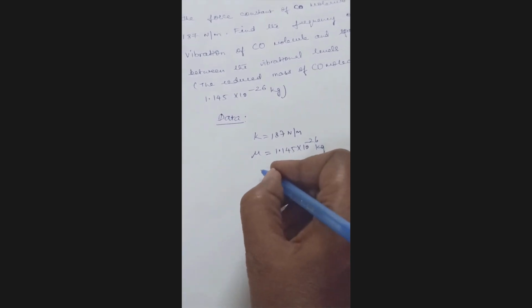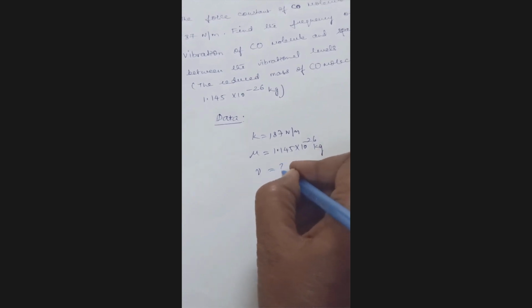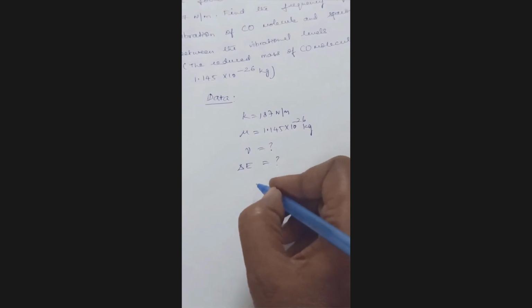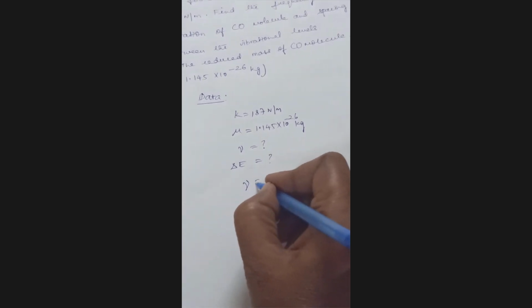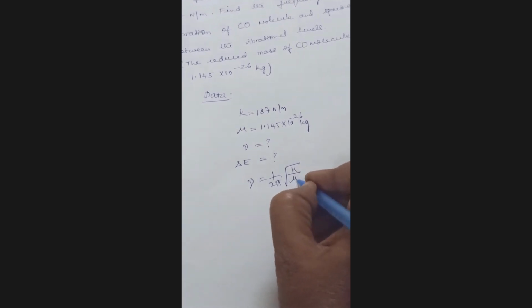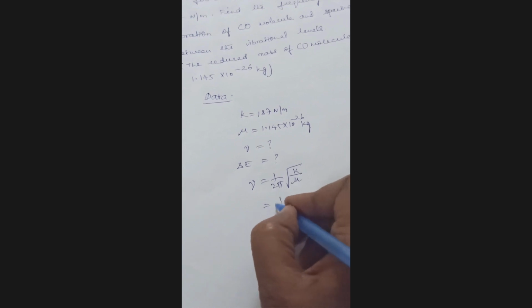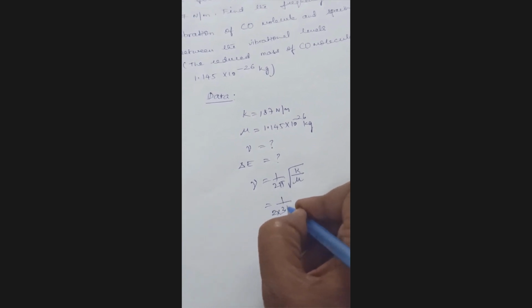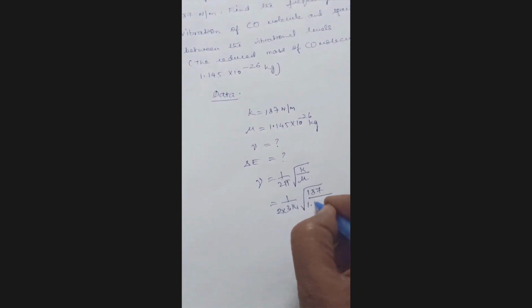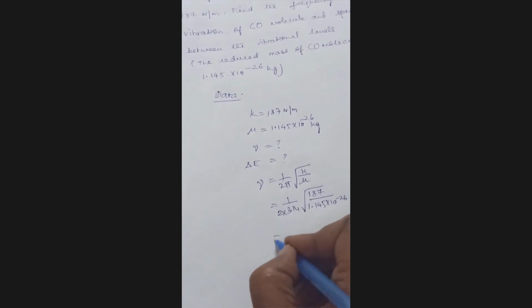What is required? Nu we want, delta E. Therefore write down the equation. Nu is equal to 1 by 2 pi square root of K by mu, substituted 1 by 2 into 3.14, 187, 1.145 into 10 raised to the power minus 26.